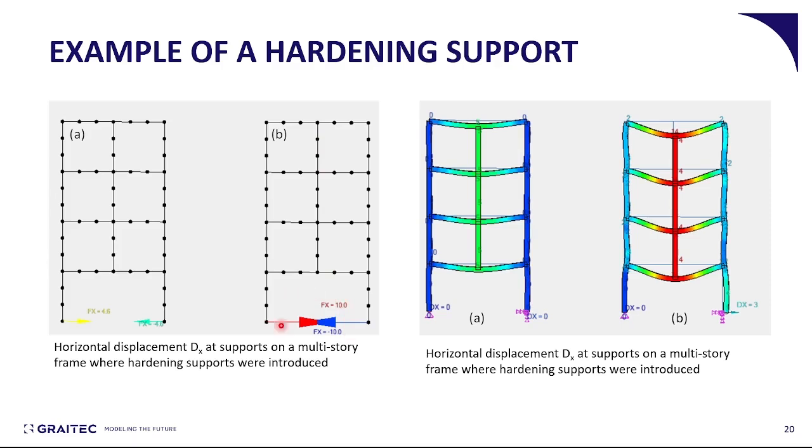So the hardening support limit force has been reached, and the node starts moving. If we check screenshot B on the right hand side, the hardening support cannot provide any extra force in order to block any further movement of this node.